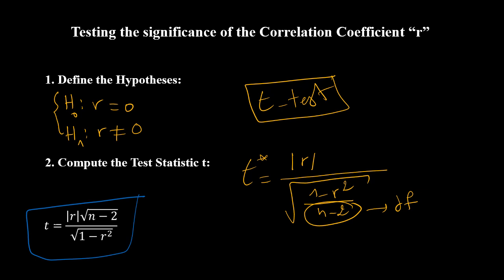t is the absolute value of r times the square root of n minus 2 divided by the square root of 1 minus r squared, where r is Pearson's correlation coefficient and n is the sample size.